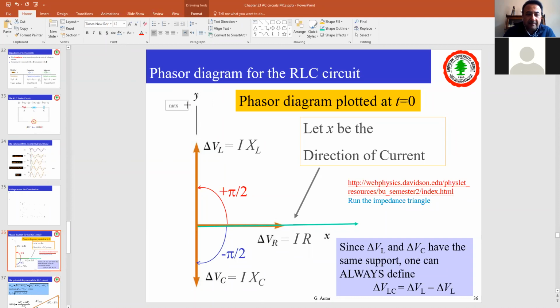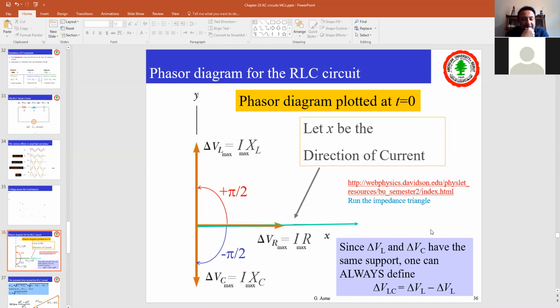Max or RMS, everything here is in max, or as I said, in RMS value it is the same, because what we are drawing with the vector is the amplitude of the wave, not the instantaneous value.